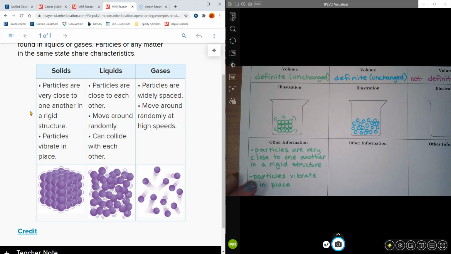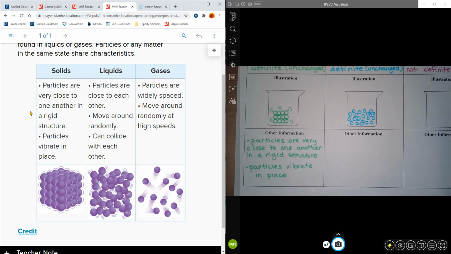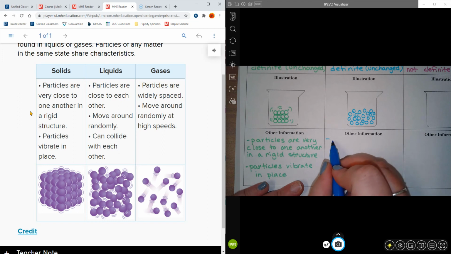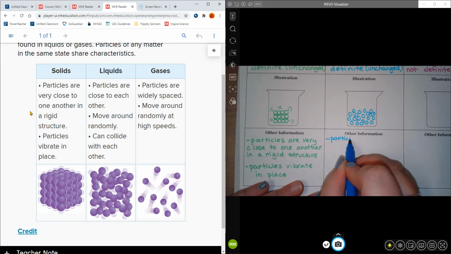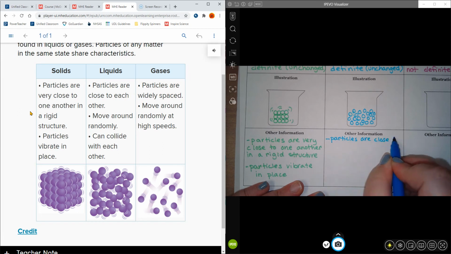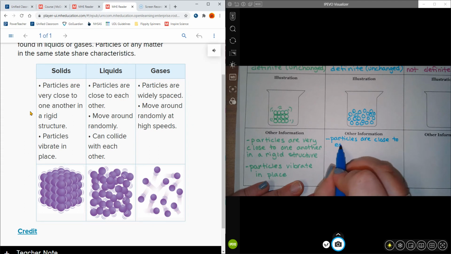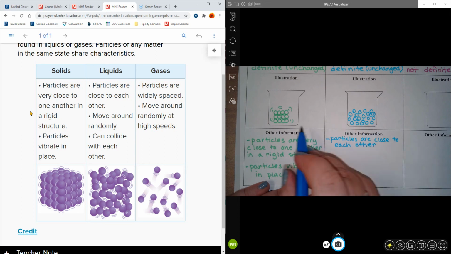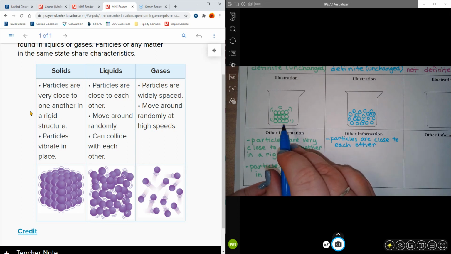In the other information section, I'm going to copy the same information from the workbook. It says particles are close to each other. I notice that they are not quite as close as the particles in the solid though. You'll notice there are some spaces here. In the solid, everything is really packed closely together.